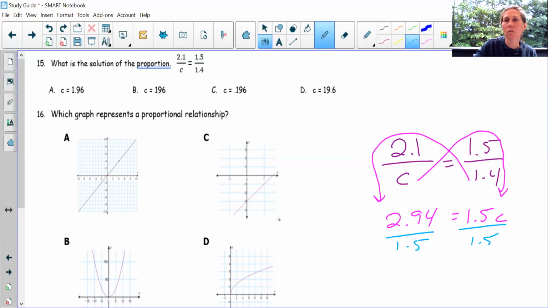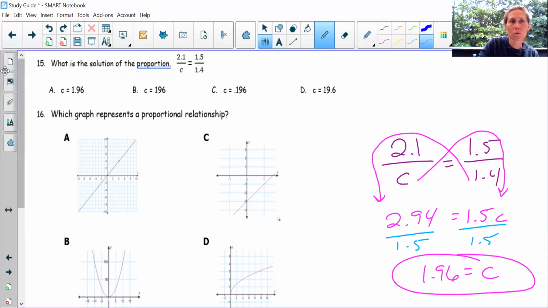So C equals 2 9/400ths divided by 1 1/2, which gives me 1 9/600ths, which would be A.